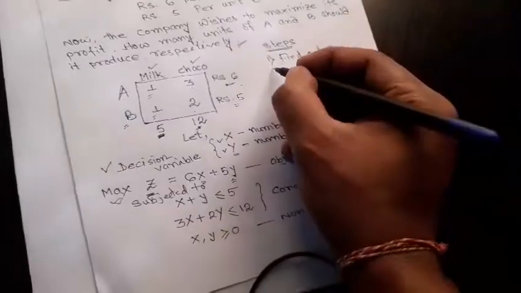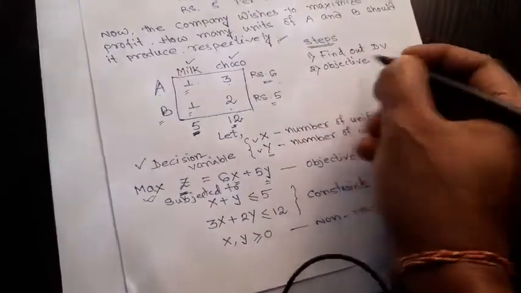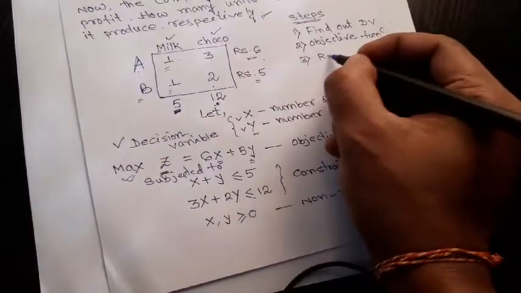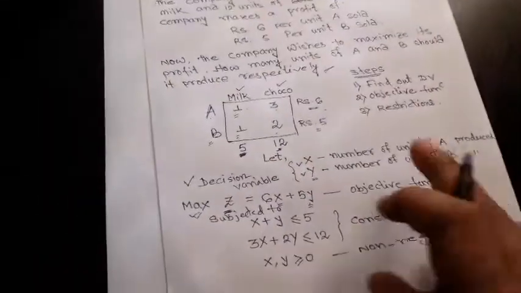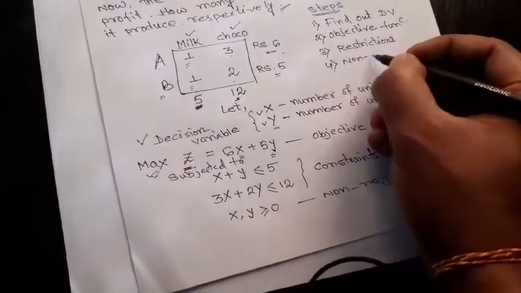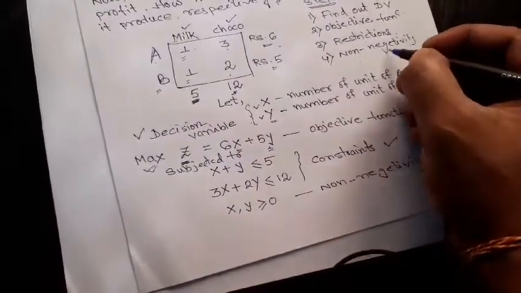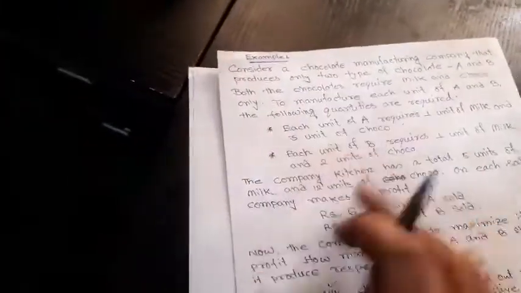Then we need to find out the objective function. The third is the constraints or restrictions, what are the restrictions present there, which you need to define. And the fourth is to define the non-negativity restrictions. These are the four steps to solve the linear programming problem.